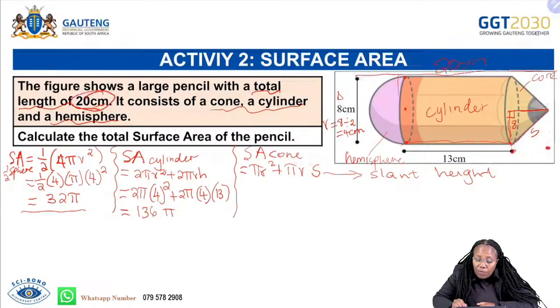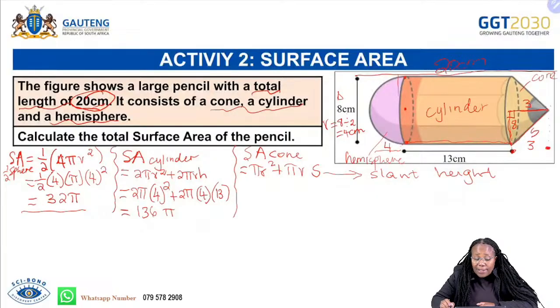And then now out of 20, we have taken what? The radius of 4 for the sphere. And then now we have taken 13 for the cylinder. Then the 17 is out. How much is left out of 20 now? We are left with 3. That means this side will be 3 centimeters.